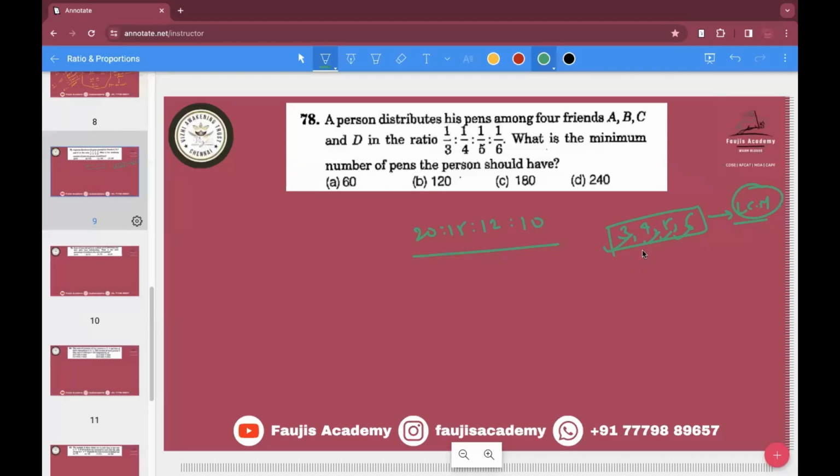Like 3 into 4, 12. 4 into 5, 20. 6 into 5, 30. It should be divisible by all of these, so unless it is divisible by that, it won't be the case.